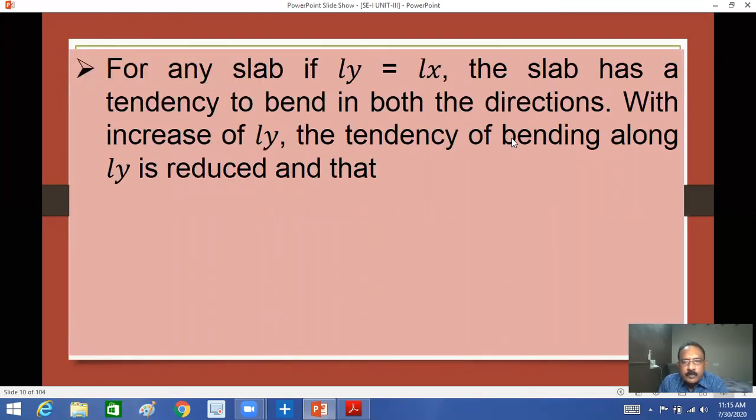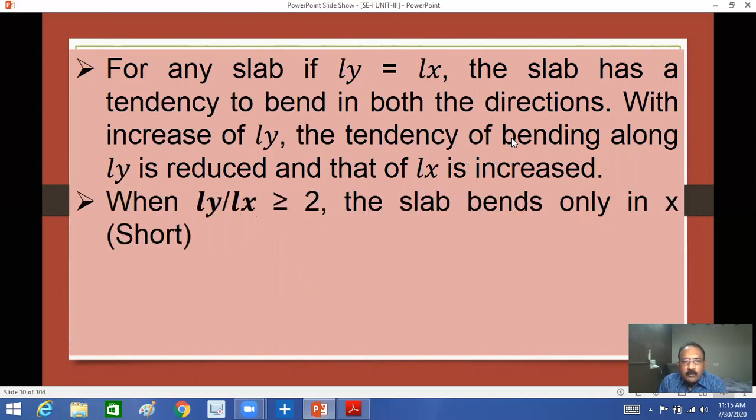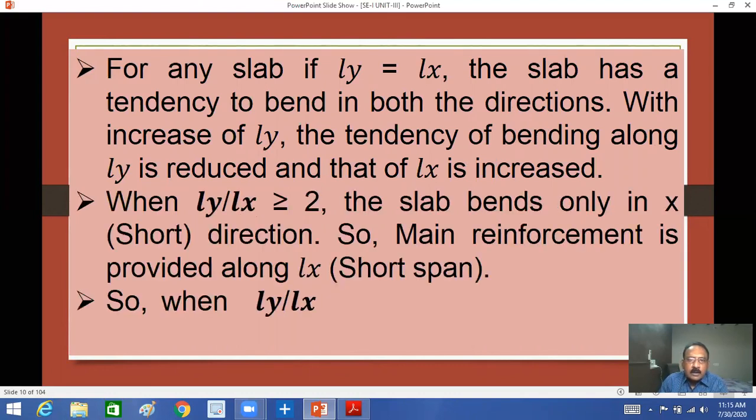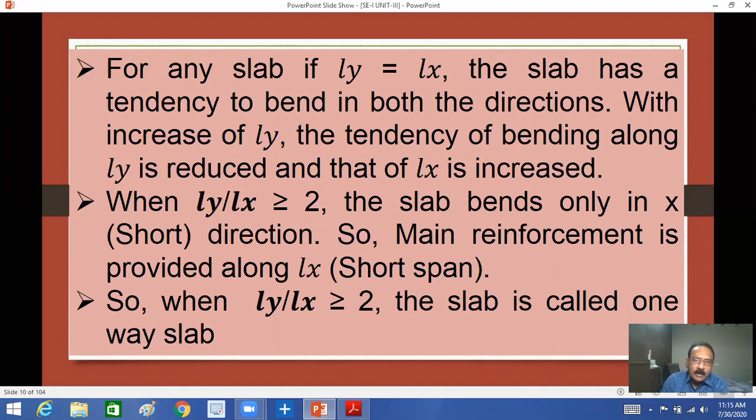See, whenever Ly by Lx is equal to 1, the slab has a tendency to bend in both directions. With increasing Ly, the tendency of bending along Ly is reduced and that along Lx is increased. What does that mean?